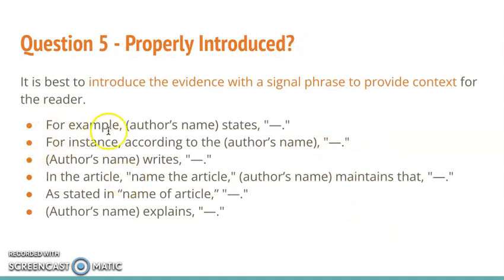So you might say, for example, and then you'd include the author's name, states, and then their quote. Or you might say as stated in, and then go ahead and include the name of the article and the quote. That is allowable as well, but we always lead up to our quote in some way. So make sure you are properly introducing your quote.